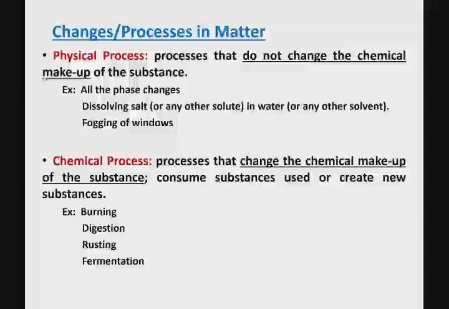When you get a cut and you bleed, and after a few minutes the blood coagulates on the surface, that's a chemical process as well. So, as a summary, processes that do not change the chemical identity of substances are physical processes, whereas those that do change the chemical identity are called chemical processes.